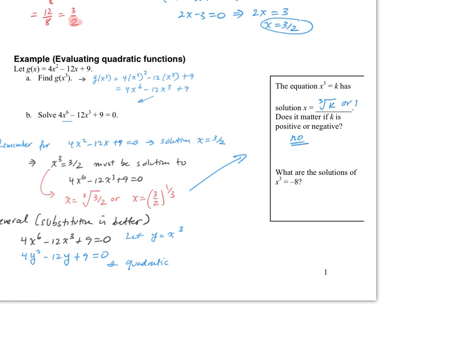Remember, you can write this as k to the 1/3. And if this number is negative, it doesn't matter. x will be the cube root of minus 8, and the cube root of minus 8 is negative 2. Why? Because minus 2 times minus 2 times minus 2 is negative 8. So if you're taking a cube root, it is okay if this value is negative, as you can see in this example. If you're doing a square root, this is not okay, and we'll see that very soon.